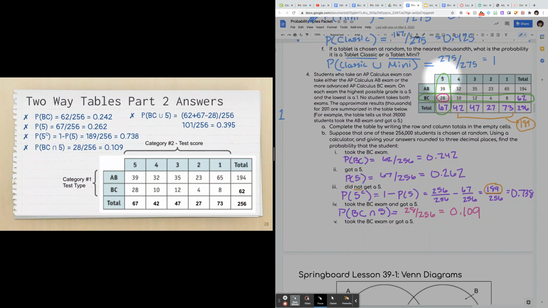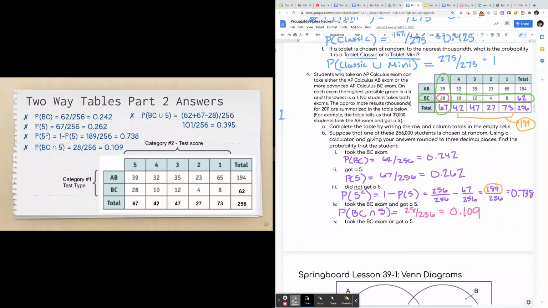So I have my 5s here and my BC category here. So where they overlap is outlined and circled in pink right there. Okay, so my total in both of those categories together is 28. So my probability is 28 out of 256, which is, when you plug it into a calculator, 0.109.